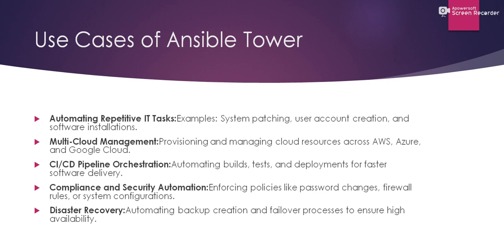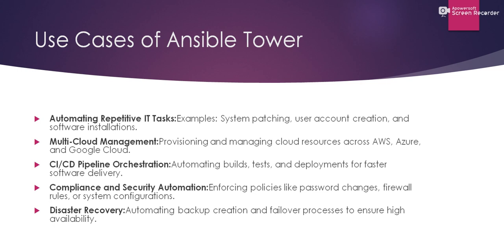Ansible Tower is versatile, with use cases across multiple domains. For instance, it's great for automating repetitive IT tasks like system patching or software installations. In the realm of cloud computing, it's a powerful tool for multi-cloud management, allowing you to provision and manage resources across AWS, Azure, and Google Cloud. It's also a favorite in CI/CD pipeline orchestration, automating tasks like code builds, tests, and deployments for faster and more reliable software delivery.